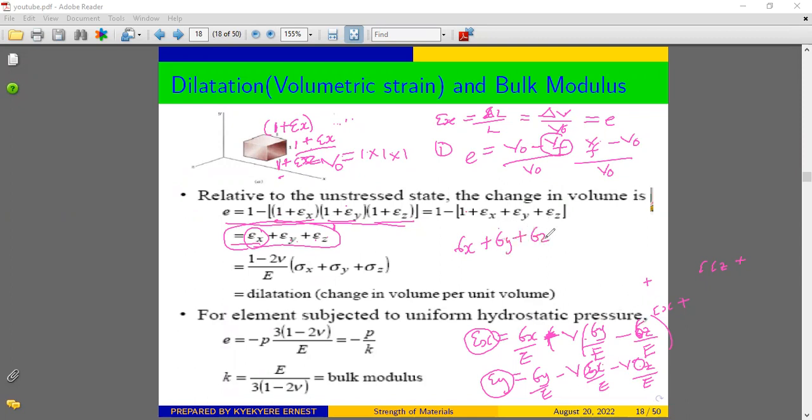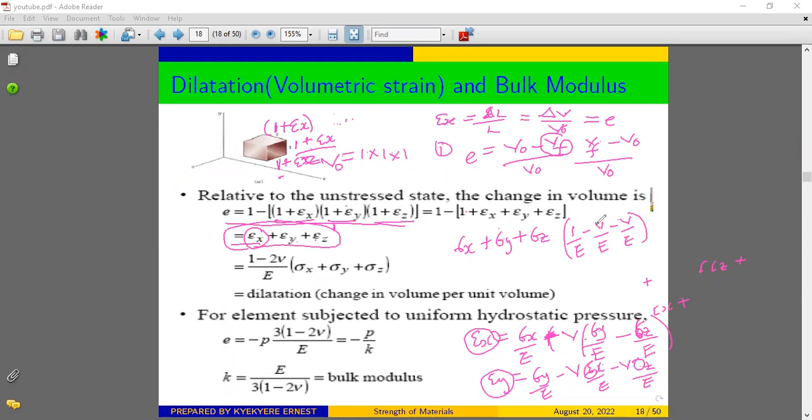Therefore, from here, when you bring this stress out, you'll be left with 1 over E. Minus, when you bring this stress out, you'll be left with V over E. And when you bring this stress out, you are also left with minus V over E.